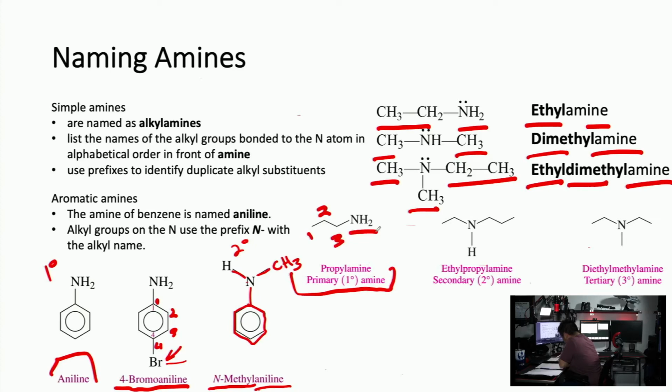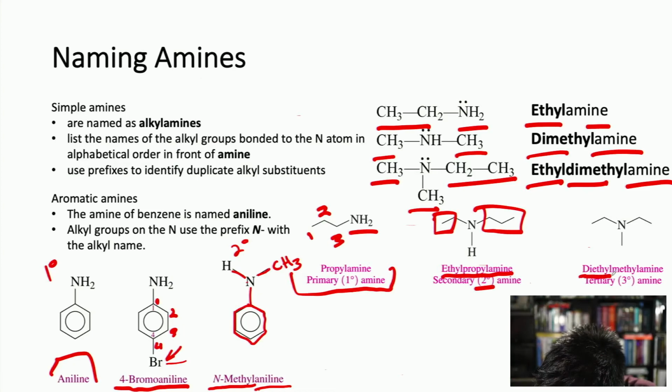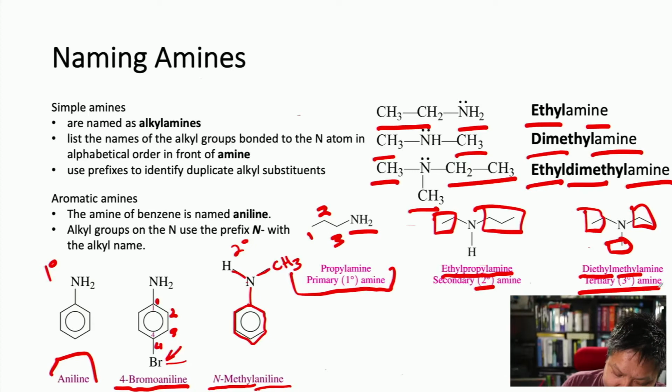Again, ethyl propylamine there because there's an ethyl group there and a propyl group there, and it's a secondary amine. And then diethyl methylamine because there's two ethyl groups for diethyl and one methyl there. Diethyl methylamine, which is a tertiary amine.